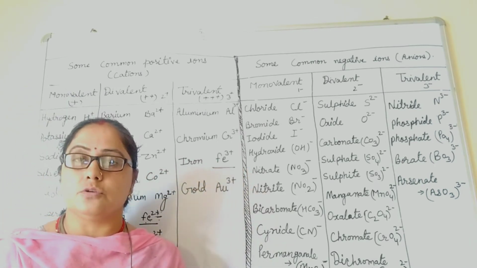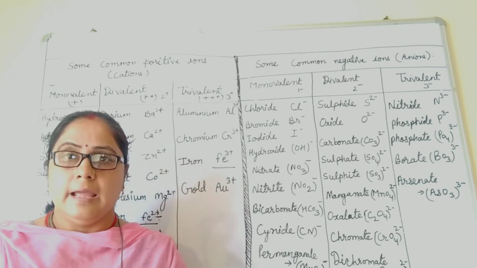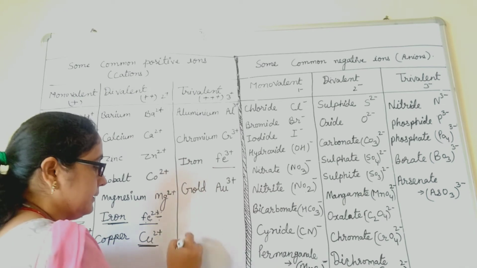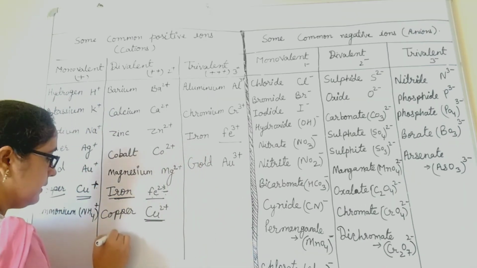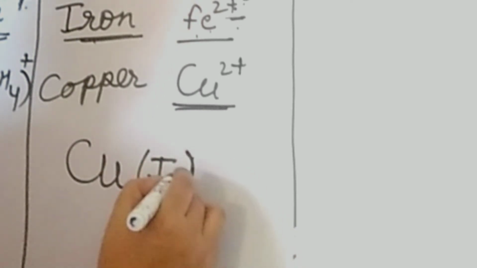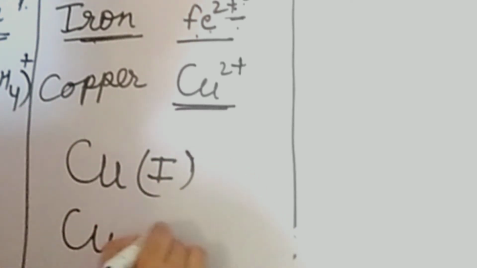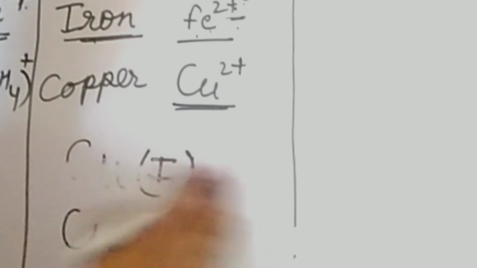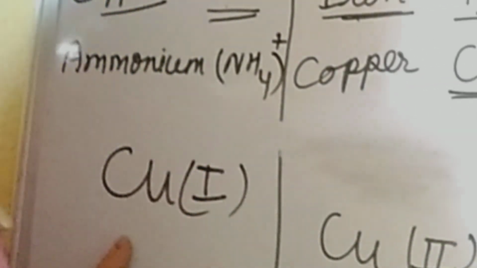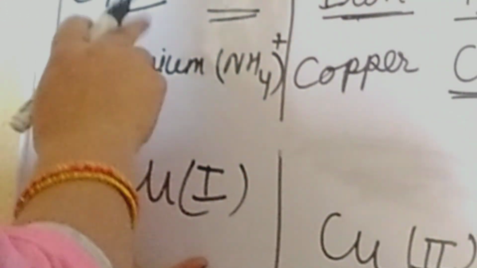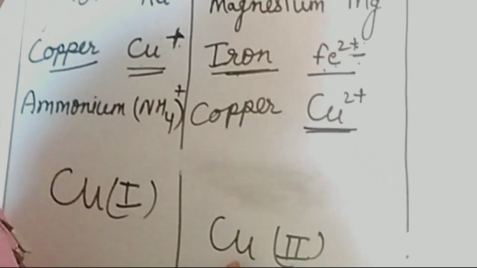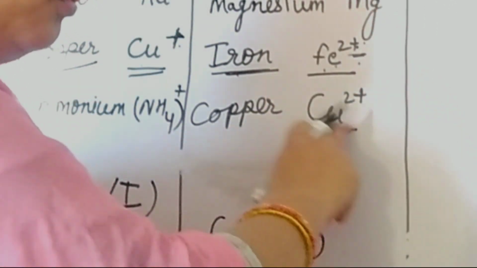So some elements show more than 1 valency and they can be written using Roman numerals, like copper is written as Cu(I). This Roman numeral is written inside the bracket, or Cu(II). Cu(I) represents copper whose valency is 1 and Cu(II) represents copper whose valency is 2.